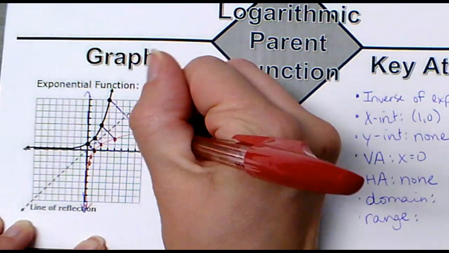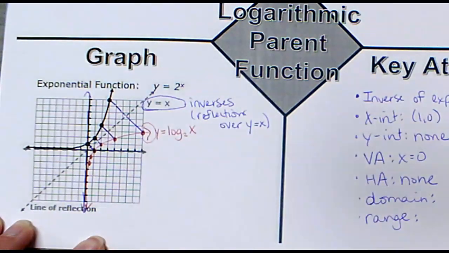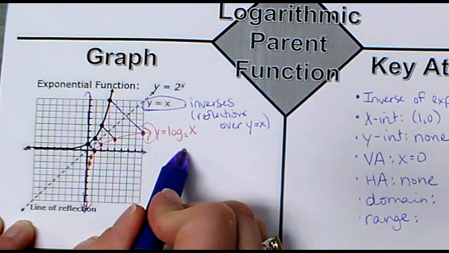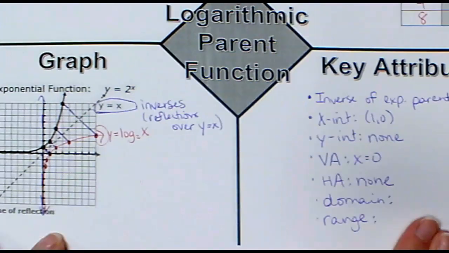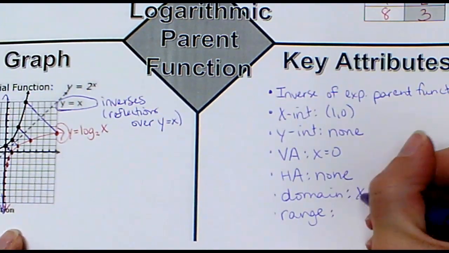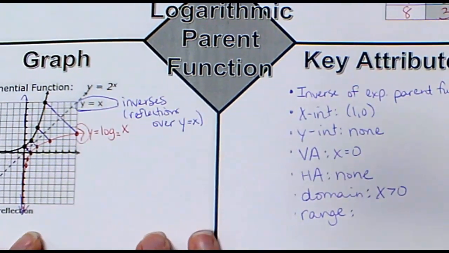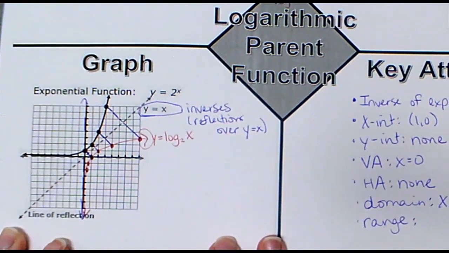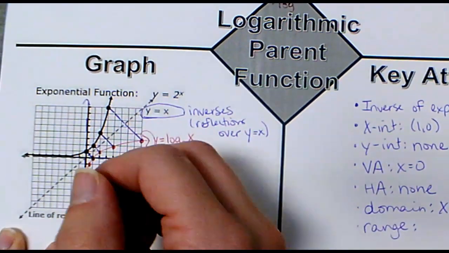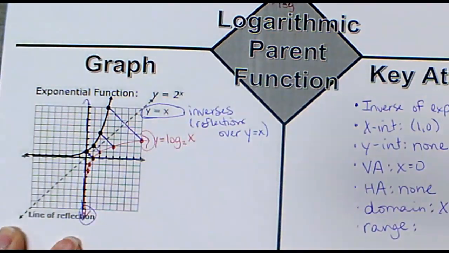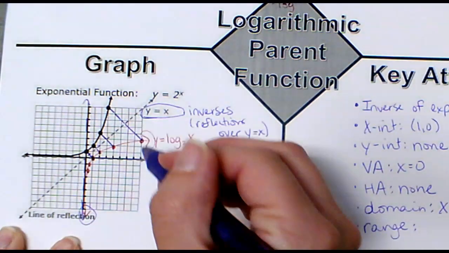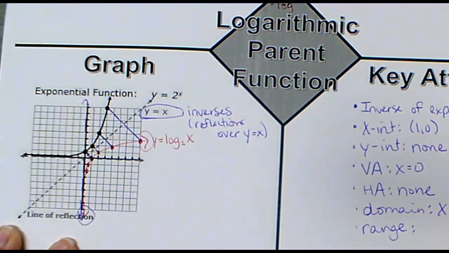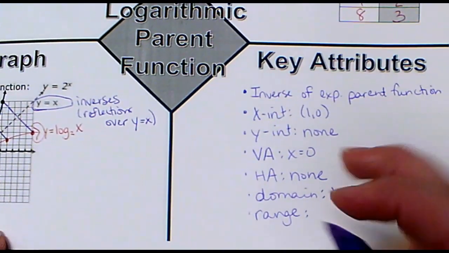We've got an arrow right here, and there's no asymptote there. So my domain is all x values that are greater than 0. And then finally, for the range, from the bottom to the top, the bottom just keeps going down, down, down. The top keeps going up, up, up. And so that means that our range is all real numbers.